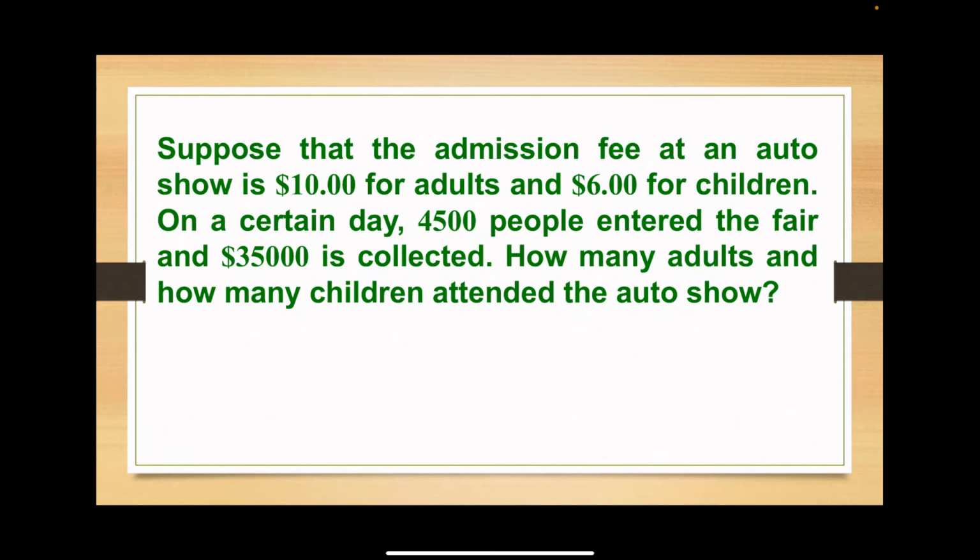On a certain day, 4,500 people entered the fair and $35,000 was collected. Now the question is, how many adults and how many children attended the auto show? What I want you to focus on here is that we need two things: the number of adults and the number of children.